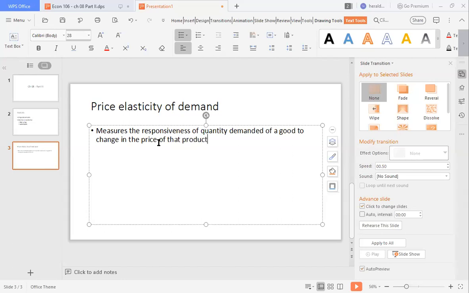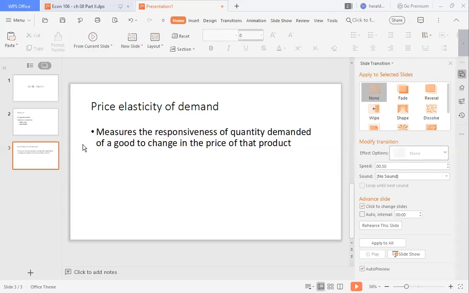Now, why I specified this point, because there are other elasticities in study. For example, this one, which we will be focusing on, the price elasticity of demand.